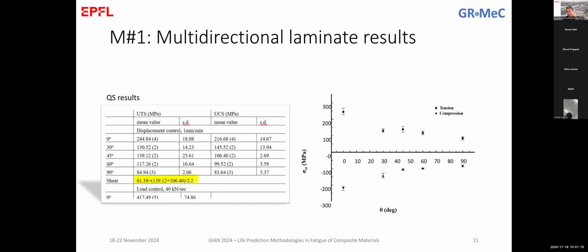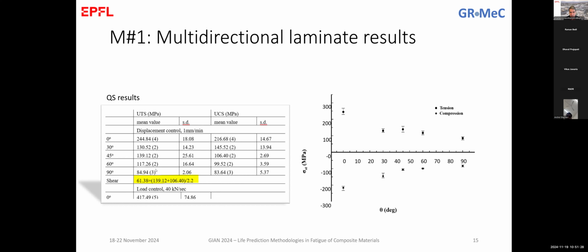You remember that we cut specimens at different orientations. And you see that there is this normal drop. They follow a kind of exponential drop as a function of the angle that we cut the specimen.